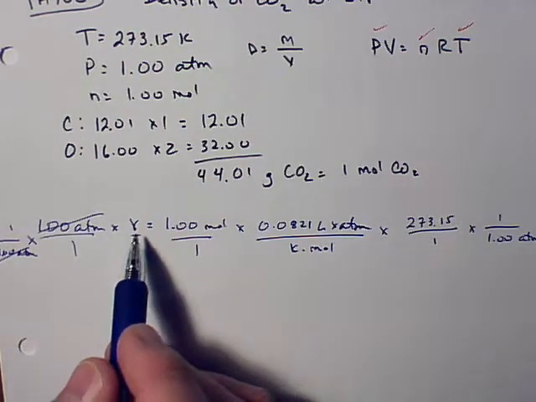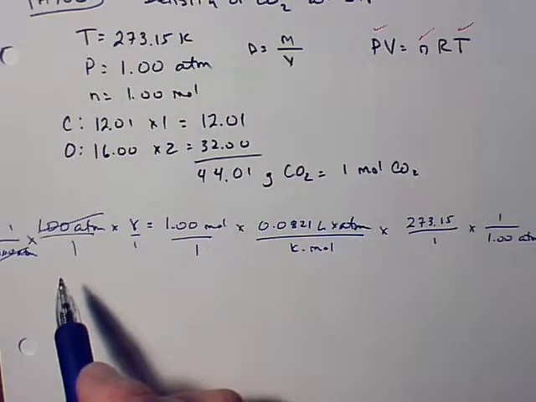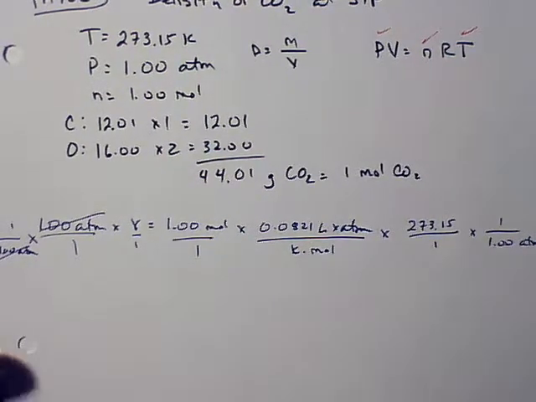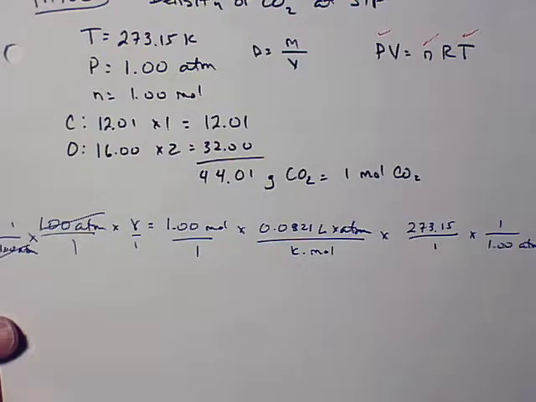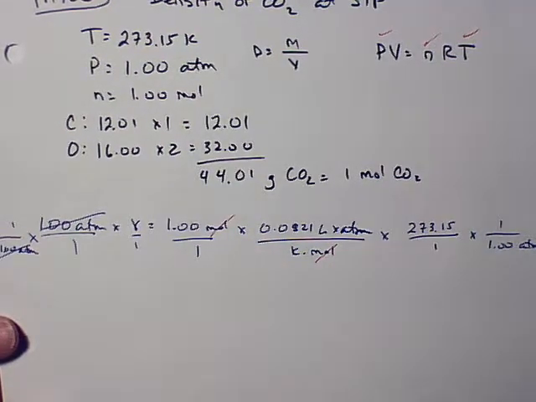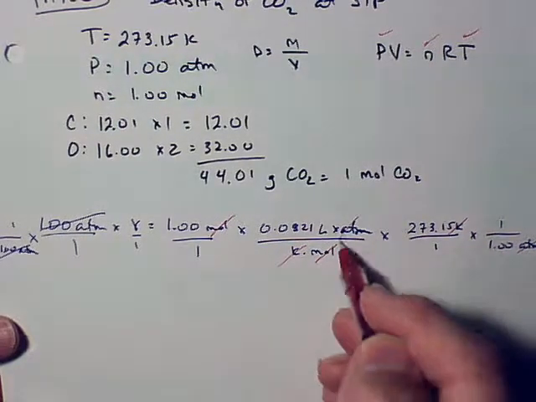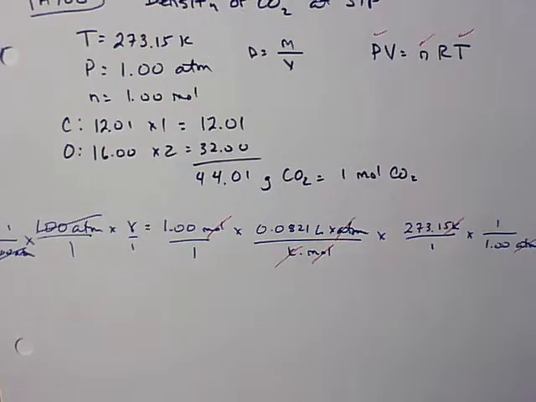So I'm getting volume. This is going to be the volume of 1 mole, right? Yes? Okay. See, we get to cancel moles now. I forgot to put my unit of measurement here. This is Kelvin here. Cancel Kelvin, cancel atmospheres, and we've got liters, which is one way we measure volume anyway.